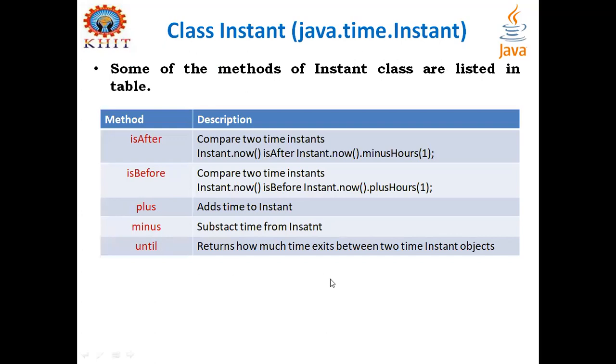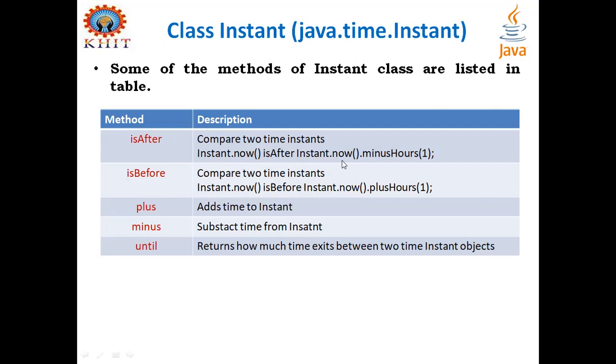Some of the methods of this Instant class are listed in the table. A basic method is now, that is Instant.now, which gives you the current time.